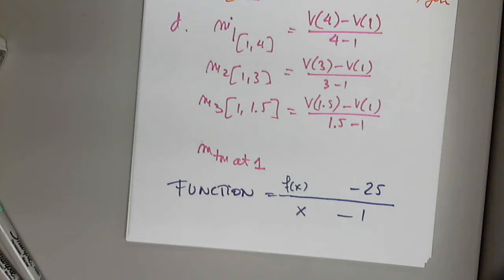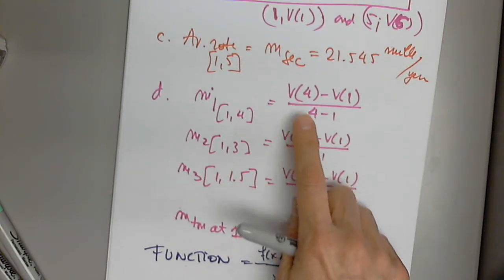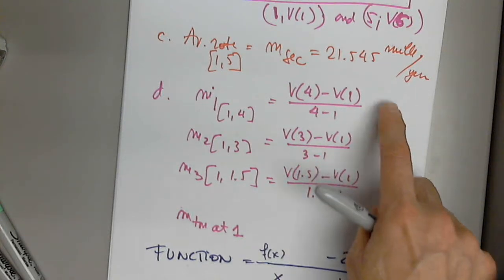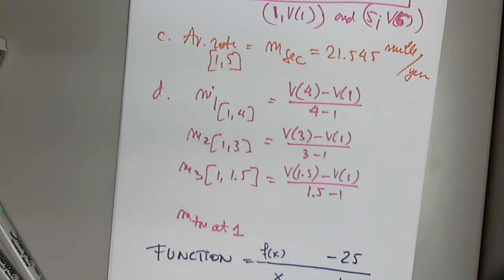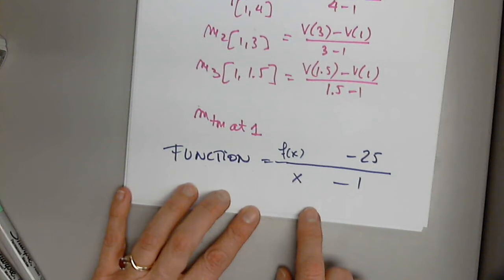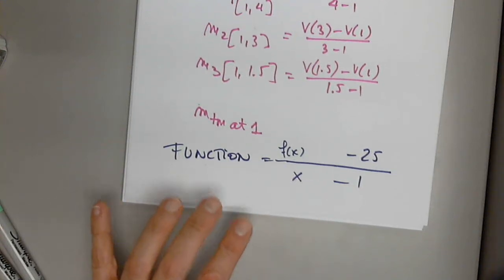So this is a function that will give us these 3 answers in a blink, and I don't have to plug it in 3 times. You don't have to do this. You can just determine those numbers and that's fine too. You will determine them like we determined v of 5, v of 3, v of 1.5, and you'll get the answer, exactly how we did before. I just want to show you an alternative. If you like it, use it. If you don't, it's fine too.